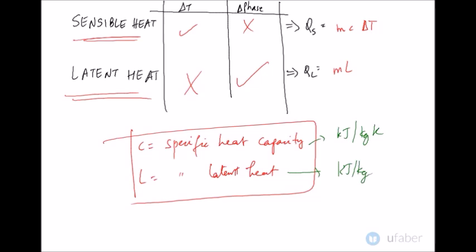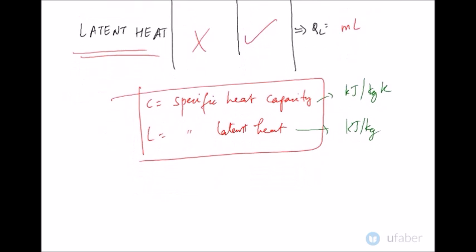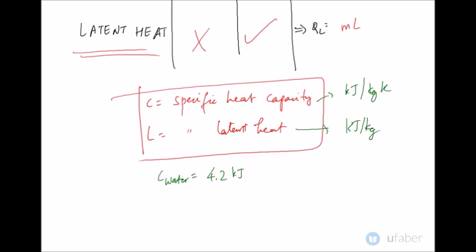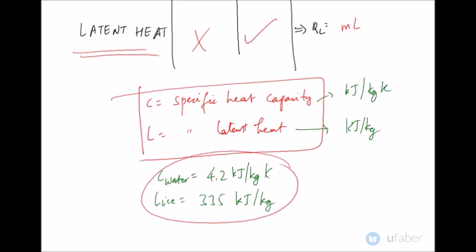Okay, some important values for you to remember is that specific heat capacity for water is 4.2 kilojoule per kg Kelvin, and latent heat capacity of ice is 335 kilojoule per kg. You need to remember these two values. These values will be used very often.